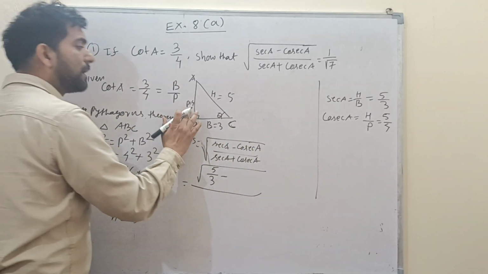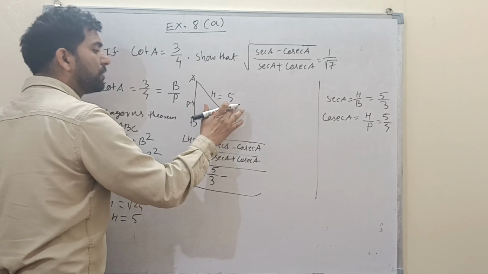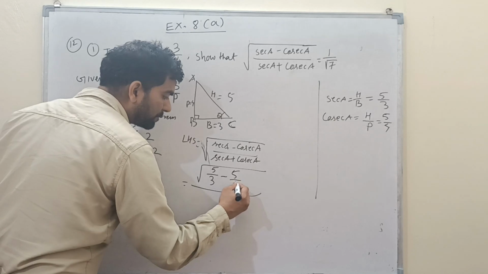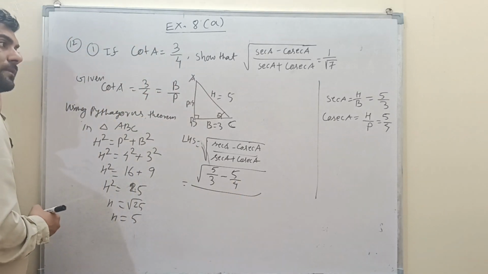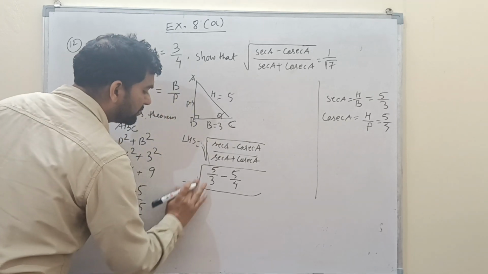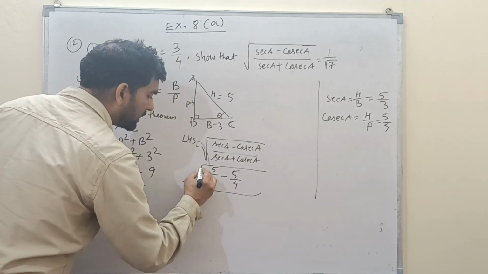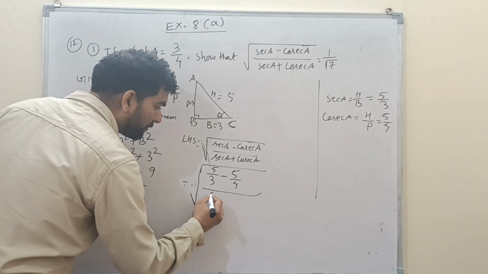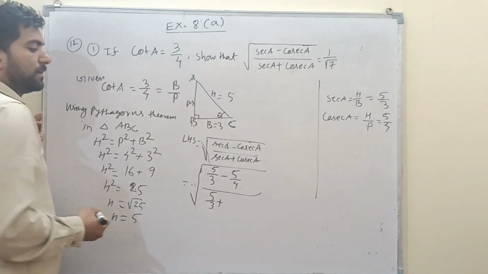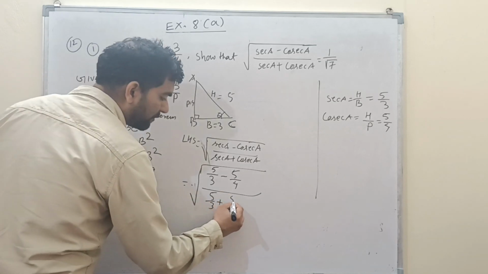Sine is perpendicular by hypotenuse, so it will be hypotenuse by perpendicular, means 5 by 4. Now the denominator is also the same thing: 5 by 3 plus 5 by 4.